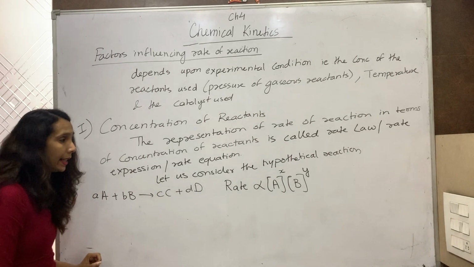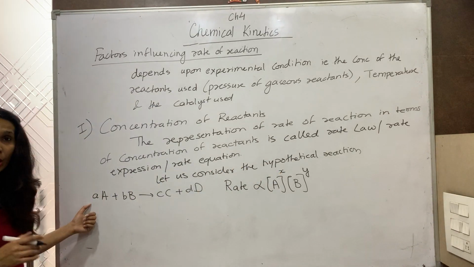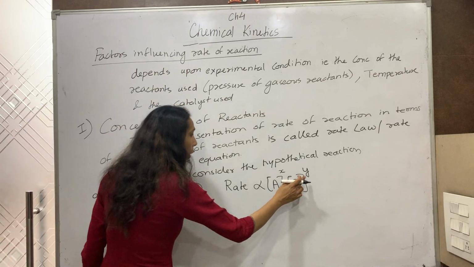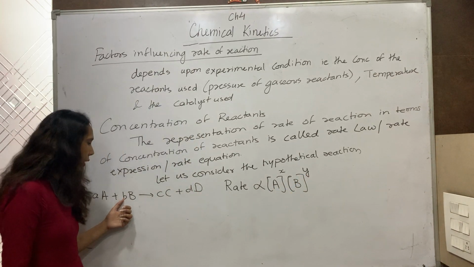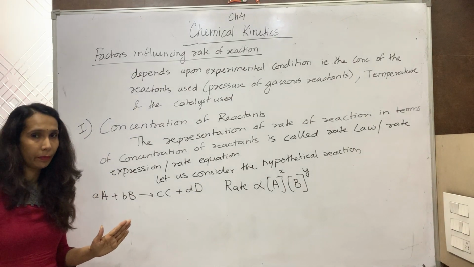It is not necessary that x is equal to a. It may or it may not be. It is not necessary y is equal to b. It may or it may not be.